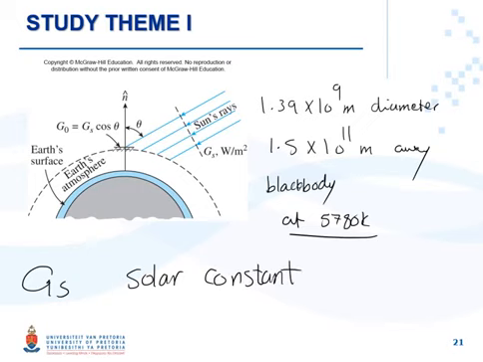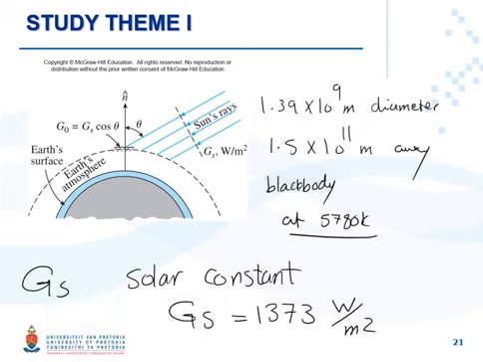What we need to know is how much gets to the outer surface of the atmosphere. It's GS, and of course they have calculated that GS is equal to 1,373 watt per square meter.